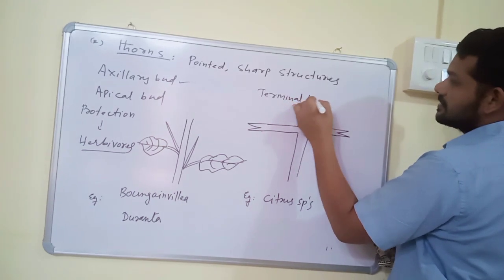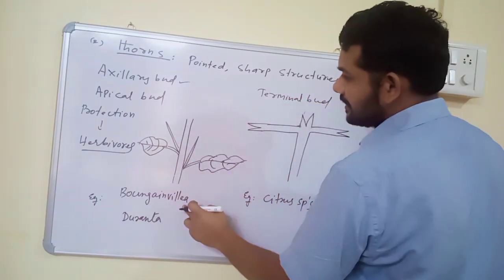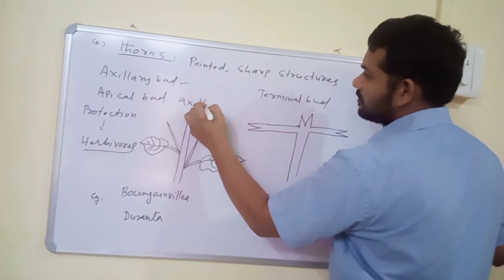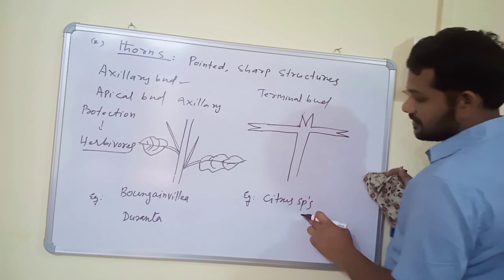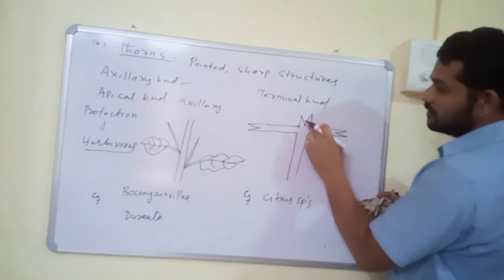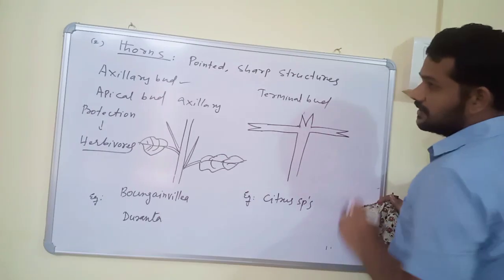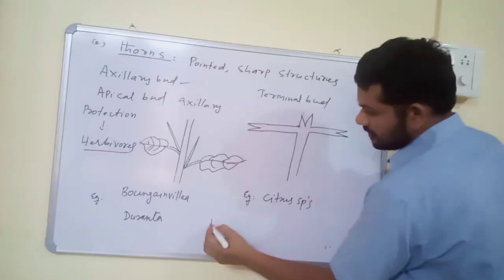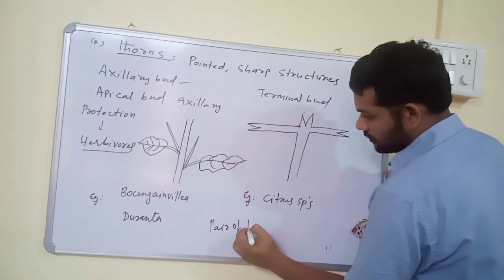In some cases, auxiliary buds modified, like in bougainvillea and Duranta, the auxiliary bud modified into thorns. In case of citrus species, the terminal bud modified into thorns. In citrus species, one terminal bud gives rise to a pair of thorns.